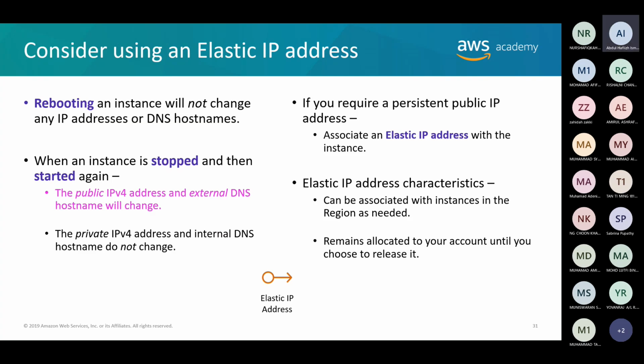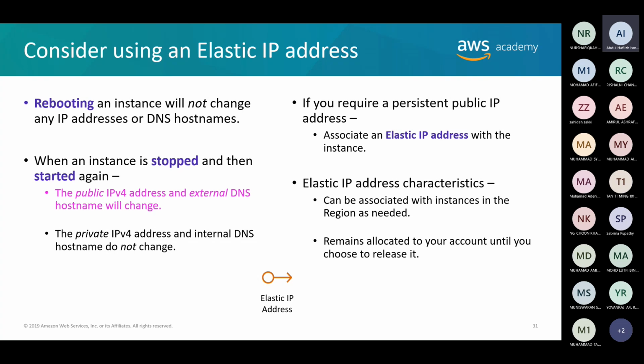Okay, a public IP address is an IPv4 address that is reachable from the internet. Each instance that receives a public IP address is also given an external DNS host name.